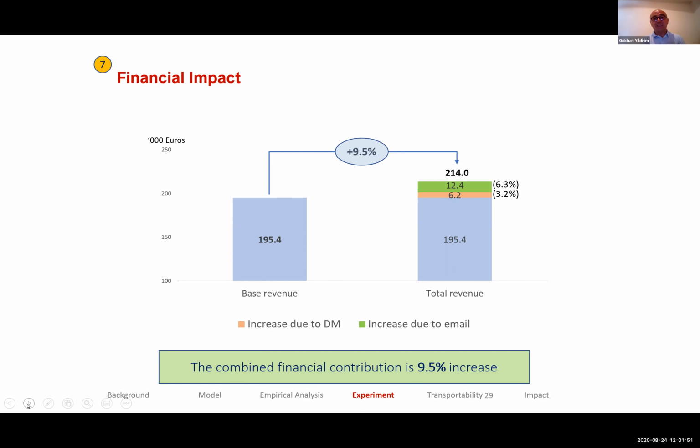So we decomposed this lift in revenue into direct mail lift and also email lift. Okay, great. If you think about the chain-wide implementation of our recommendations, you might expect the impact to be really high, maybe in the order of hundreds of million euros, right? Great, so let's move.